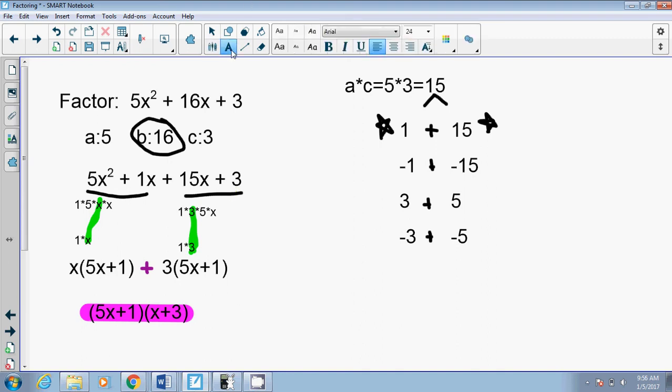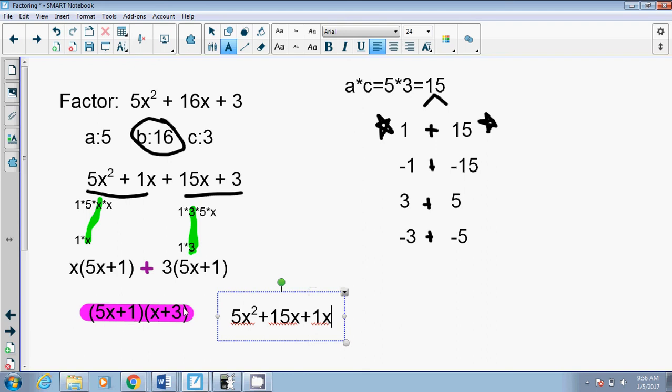Again, I always like to go through and double check my work because signs make a big difference. Sometimes if you mess up a sign, you mess up the whole problem. So multiply these 2 out using whichever method you like. I'm again just going to use the horizontal method. So 5x times x gives me 5x squared. 5x times 3, 15x. 1 times x, 1x.